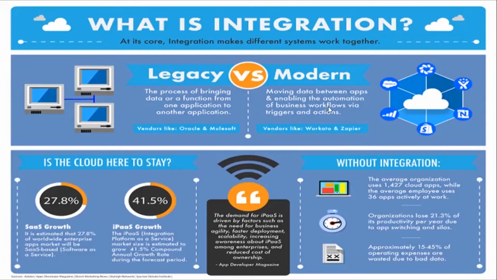So in this modern way of integration, you connect data between applications and enable the automation of workflows. And also, guys, whenever we build any solution, we don't want any manual interventions to happen. Everything should be an automated solution. That way, we need to think about designing the solutions.